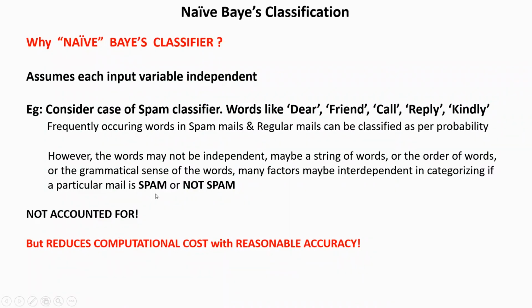In most cases this model works fine, so it is just taken as it is, not modified for these complexities, and it works fine with very little computational expense. That is why people usually go for this kind of classifier, and that is why this term is given to it. I hope you know the literal meaning of the word naive, right?